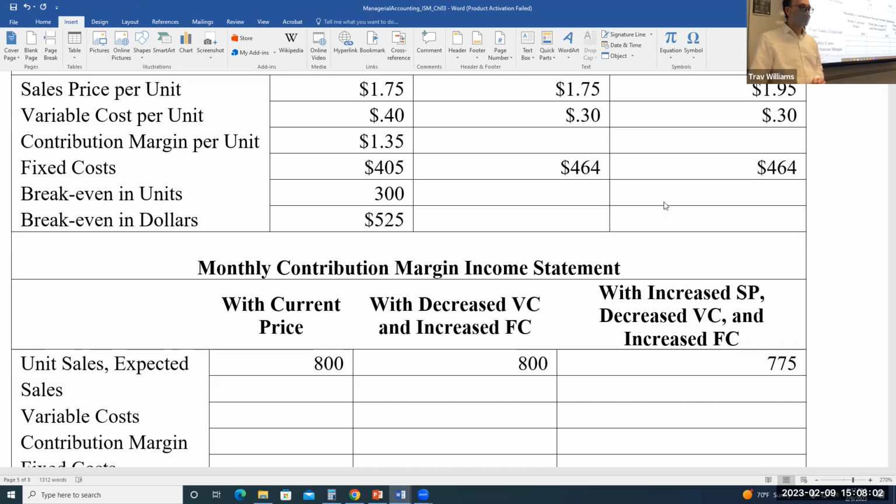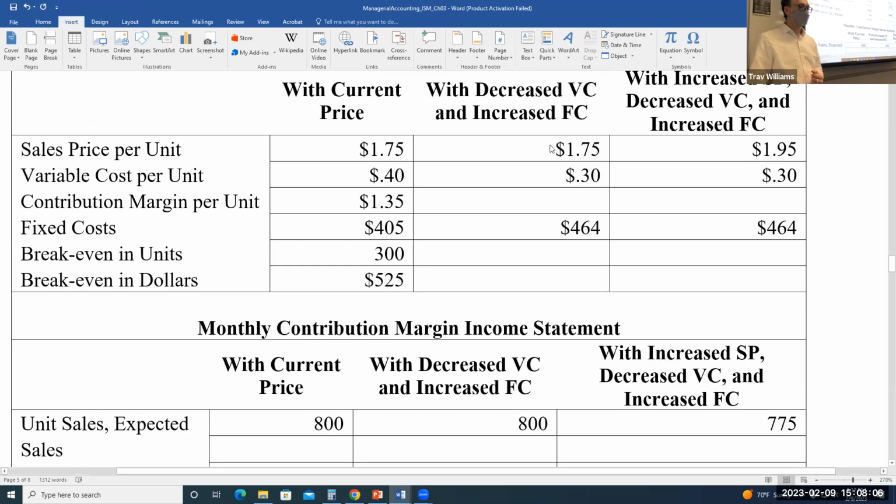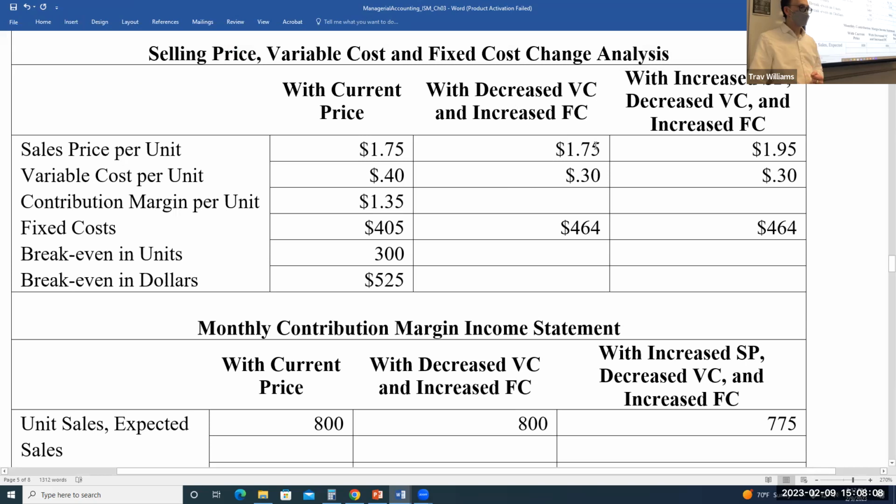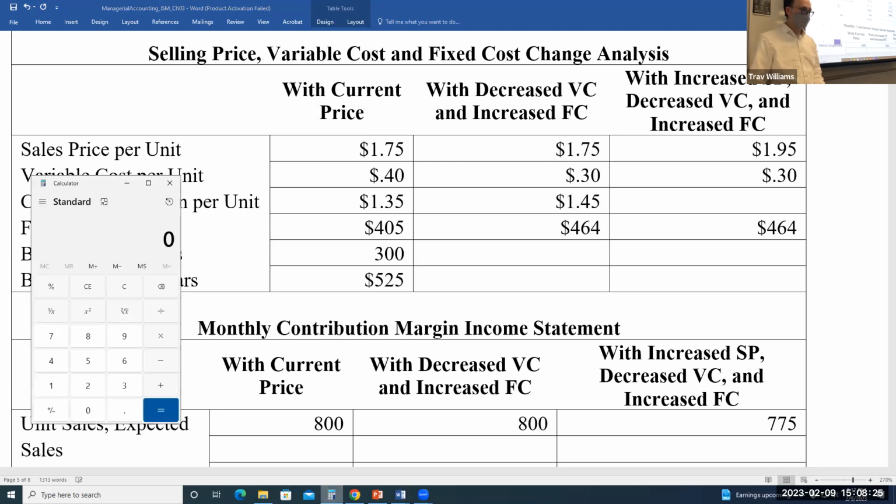Let's start by filling in this top part and see what our break even is in these 3 different scenarios. So if sales price is $1.75 and variable cost goes down to 30 cents, our contribution margin per unit becomes what? $1.45, right? Okay, and how do we figure out our break even in units?